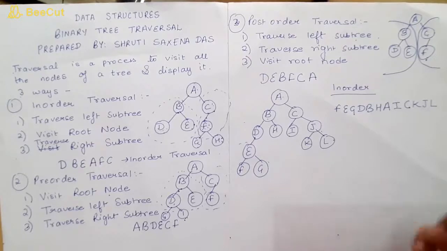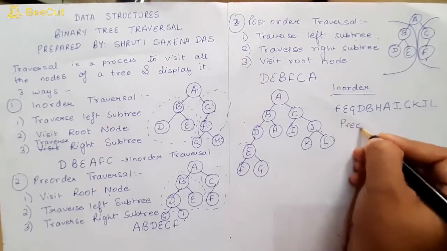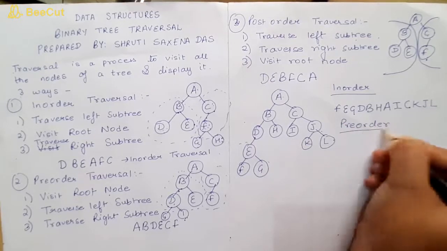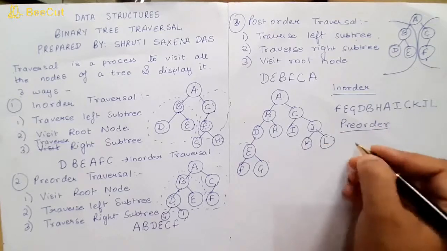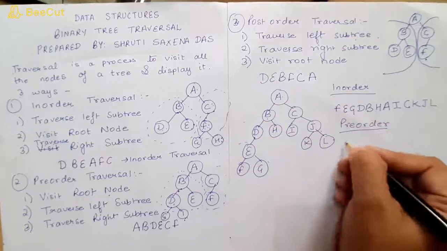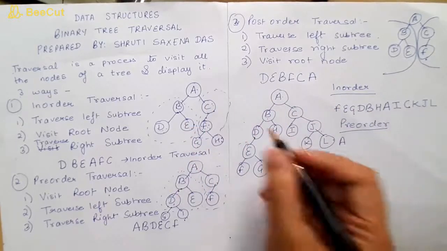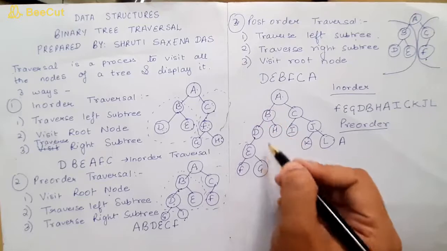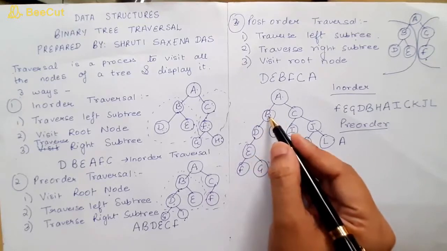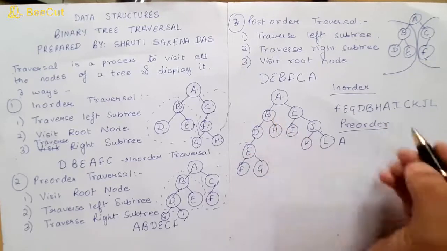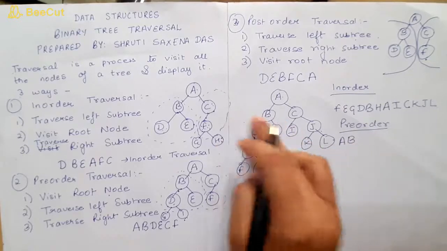Left, root, right. If we are checking for the pre-order, that means root, left, right. So the root for the whole tree is A. So A will be visited first. Left, then right. So we'll move on to the left part. In the left part again, root, left, right. Root is B. Left is this part.